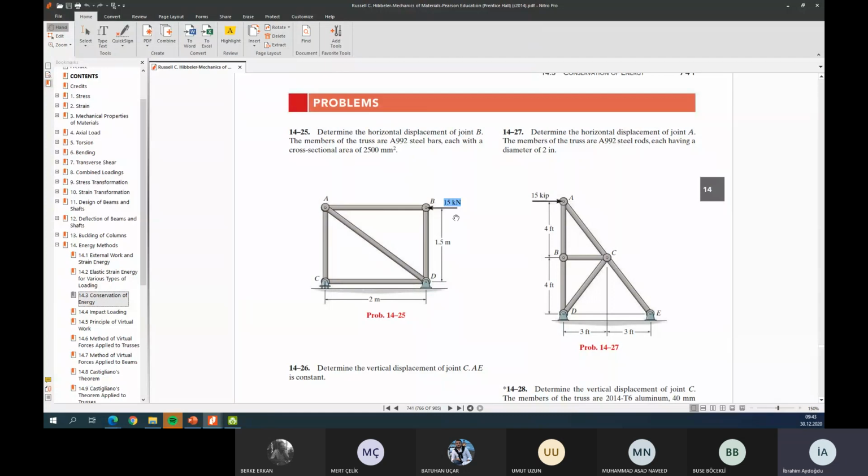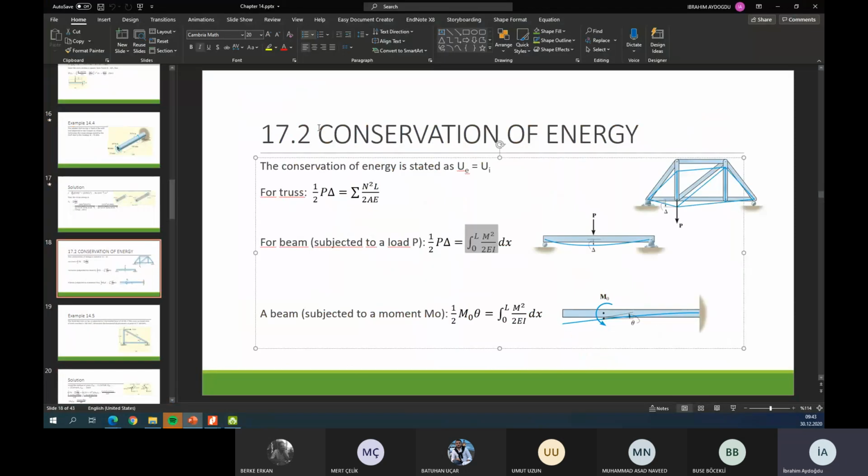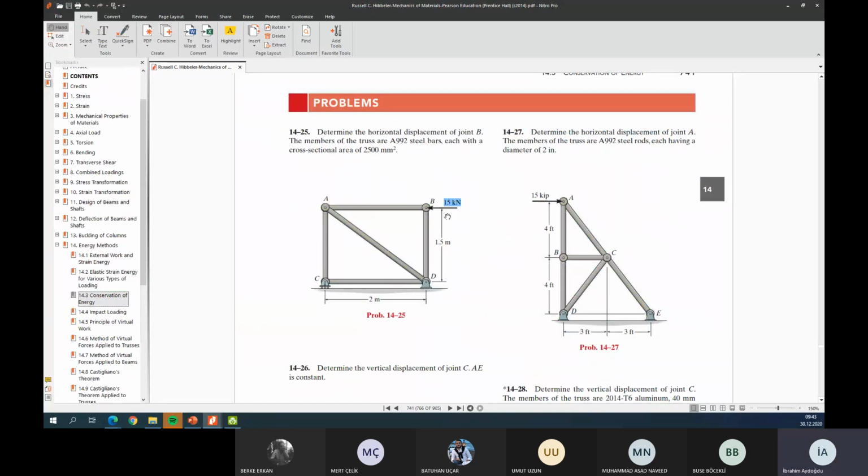Okay, I can answer this. If in the question another displacement is needed, such as A, we cannot compute it by using conservation of energy. I need to find other strategies. This method only works when the force is exposed at the needed displacement.